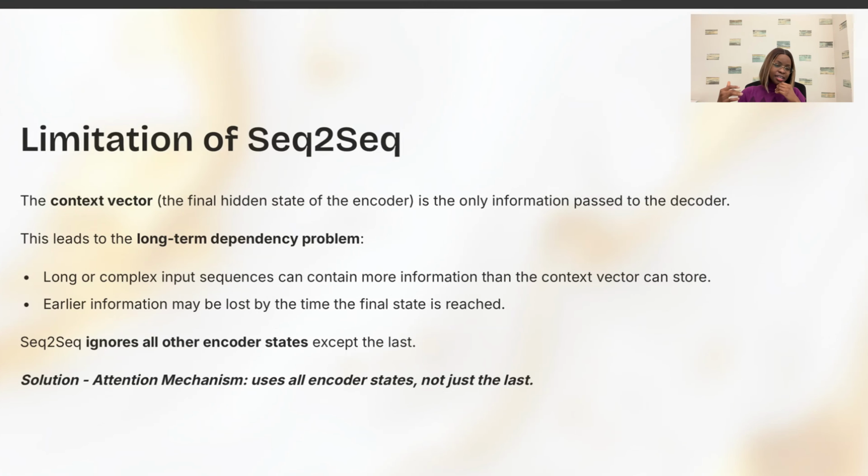Another thing is it ignores all other encoder states except the last. And there could be pretty important details that it could have lost out on in the process of all of these long time steps.